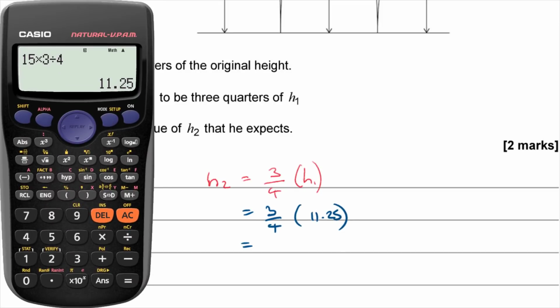So what is 3/4 of that? So again, divide by 4 times by 3. That gives me 8.4375.